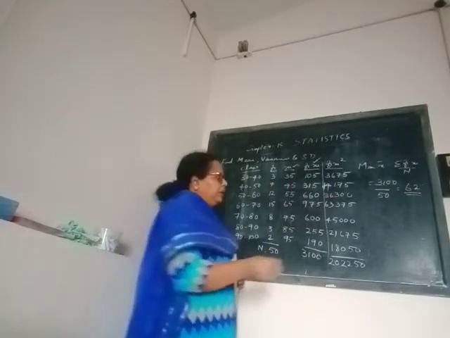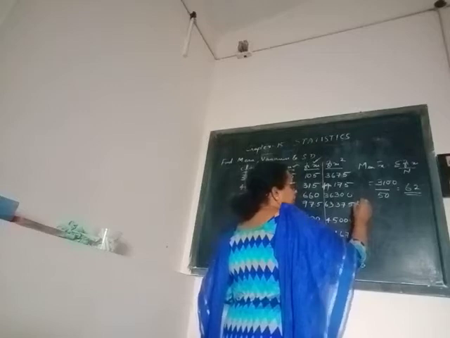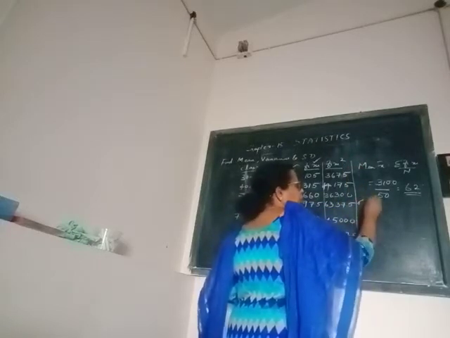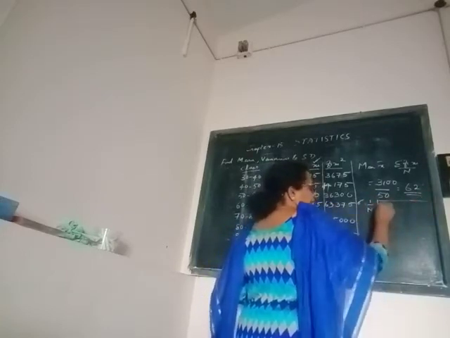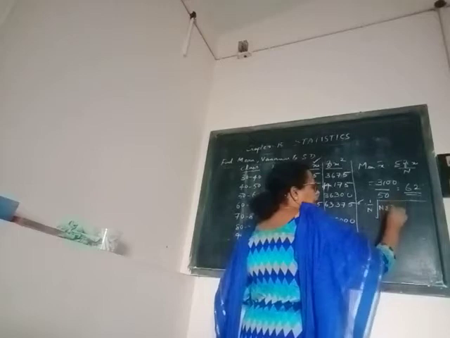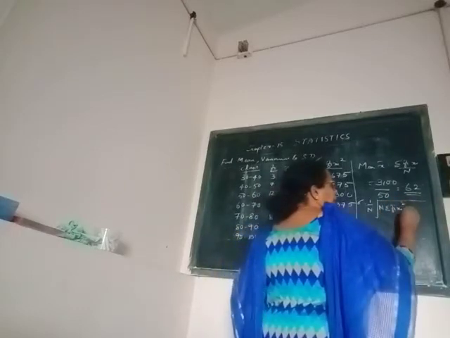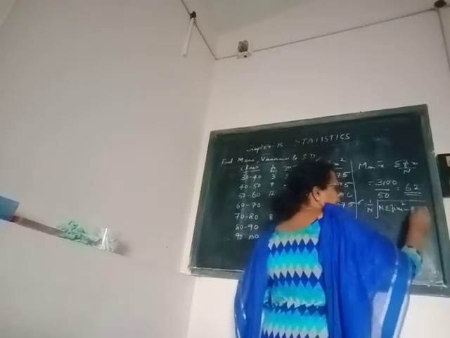So we got the mean. Then write the formula of SD, standard deviation. What is standard deviation? Sigma is 1 by n root of n sigma fi xi squared minus sigma fi xi whole squared.